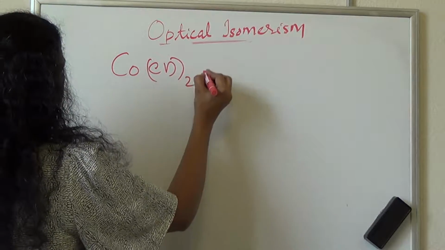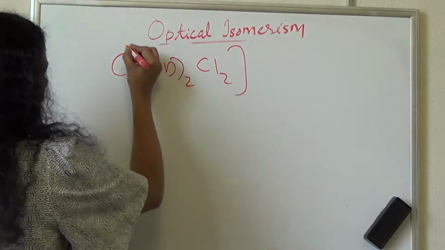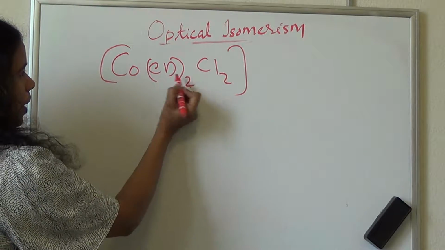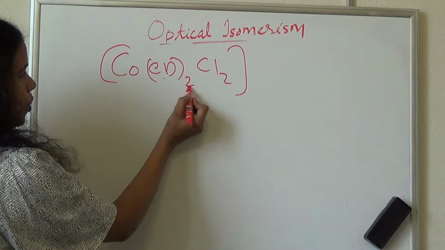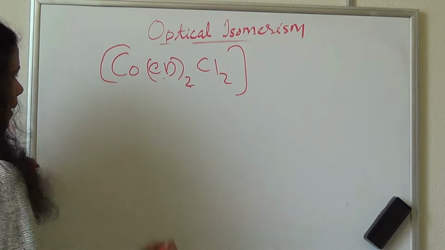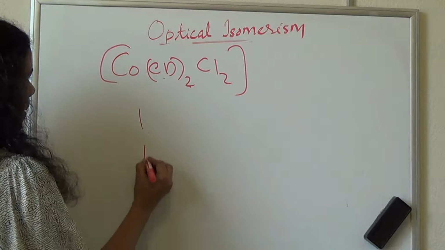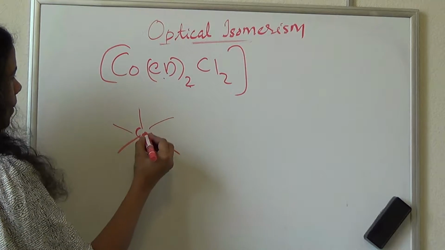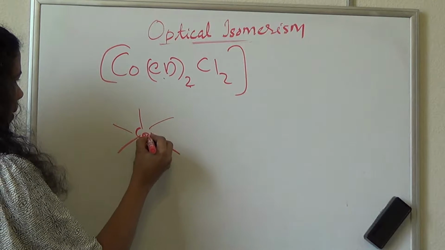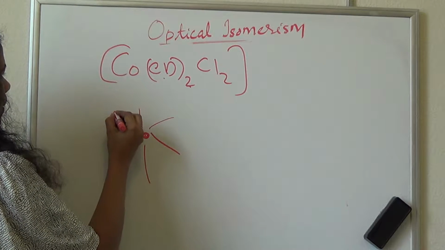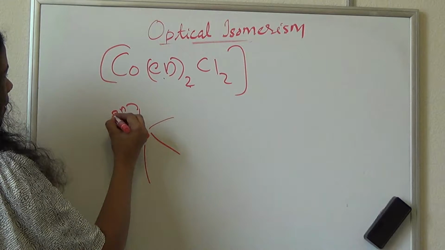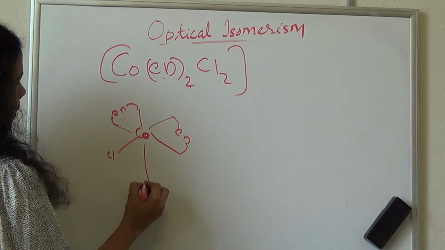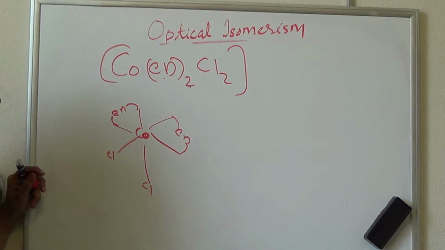Co(en)2Cl2. It's an octahedral complex. 2 into 2, it is a didentate, 2 into 2, 4, 4 plus 2, 6. This is an example.